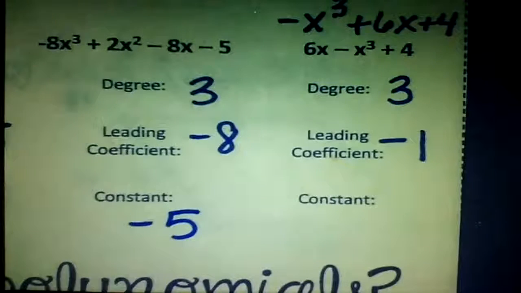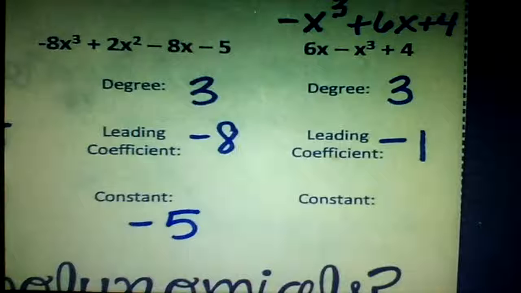We talked about the fact that a polynomial needs to go from the highest exponent to the constant, so you have to rewrite this one. The leading coefficient is the number in front of the one with the highest degree. You told me my degree is 3, so it's the coefficient in front of x cubed. You have to look at your highest exponent. So the -1 is with your x cubed, so that's your leading coefficient.